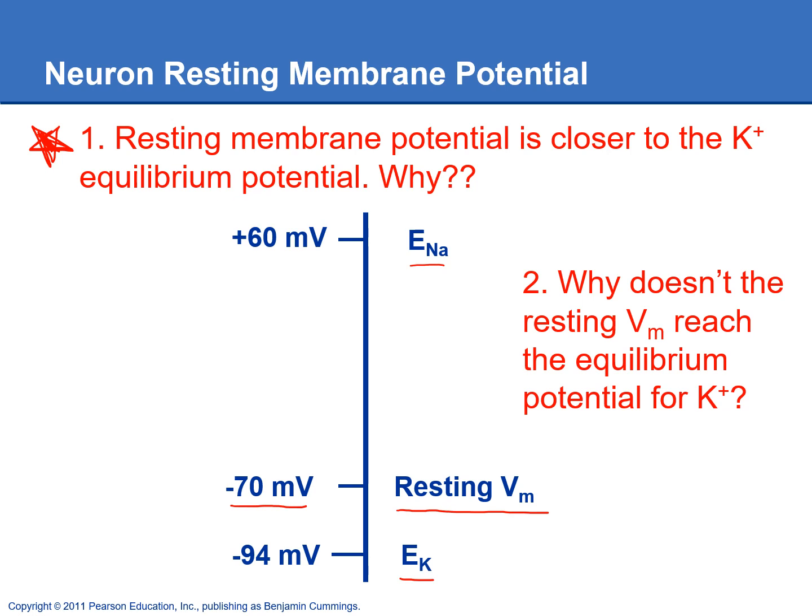So hopefully you were thinking about how the membrane is a lot more permeable to potassium. Remember, there's 25 times more potassium leak channels. So potassium has a greater chance of getting closer to its equilibrium than sodium ever will.